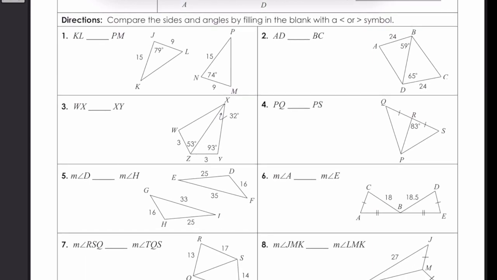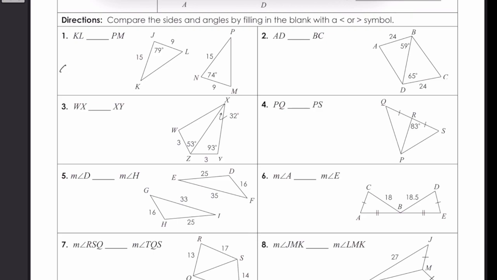So we're looking at JKL and NMP, and we know that we have a 9 length side and a 15 length side on each. So we've completed that two congruent sides part. And then we have the included angle, which would be N and J. That's the angle between the two sides we know about. N is 74 degrees, and J is 79 degrees.